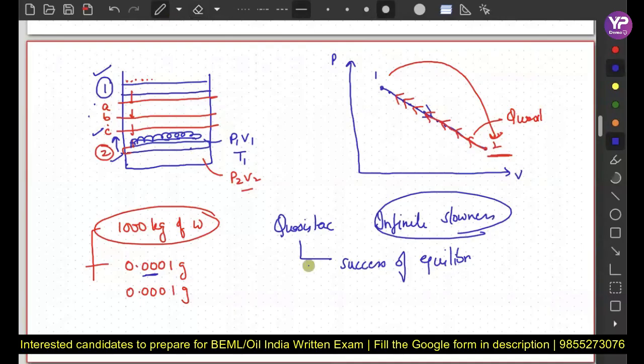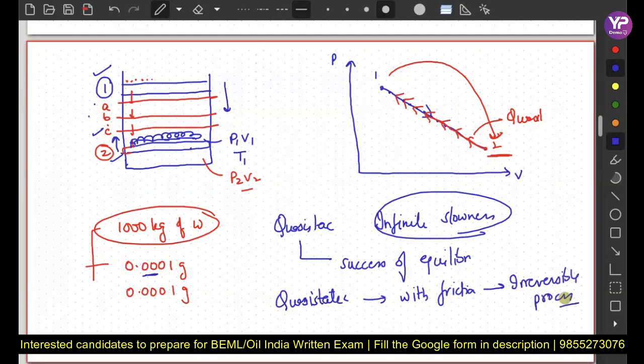Now just see, there is one parameter. As the piston is moving from 1 to 2 in the downward direction, there may be a chance we have friction also, and due to the friction, the energy is going to be lost in the form of heat. So always remember that a quasi-static process with friction is going to be considered as an irreversible process.